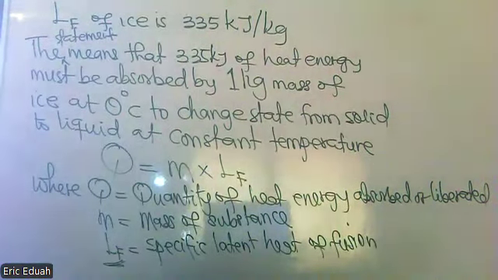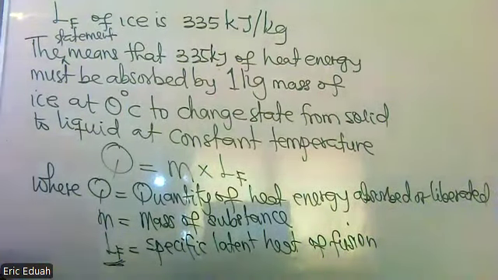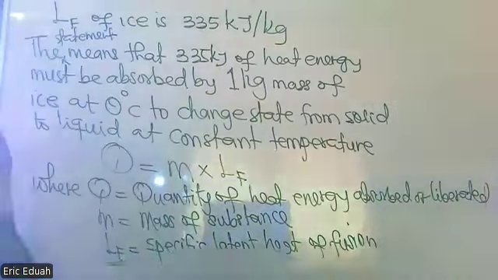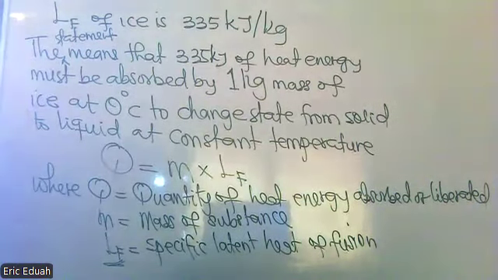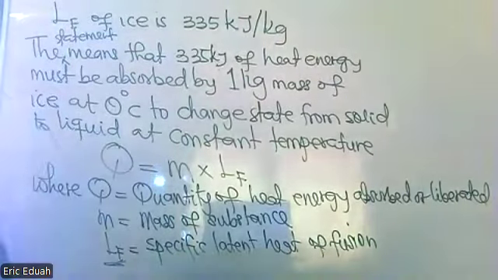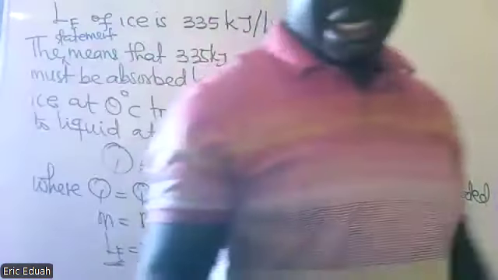And this is usually a constant. So once it's constant for any 1 kilogram mass, if you are given mass M, you can always calculate to determine the amount of heat energy required to be absorbed or released. Please, is that clear? Any question?